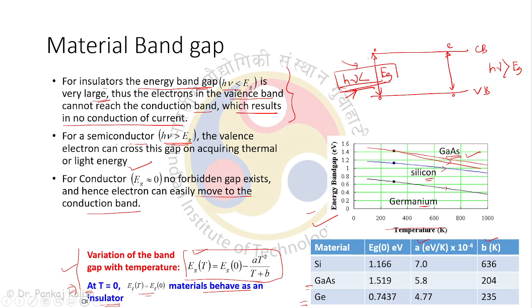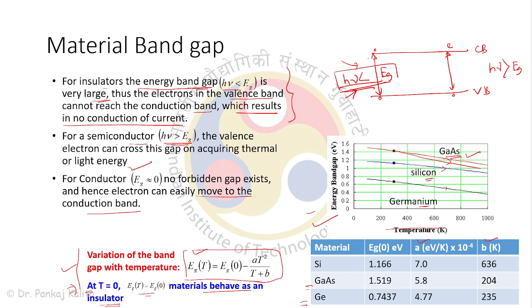For an insulator, we know that the band gap is very large, so the incoming solar radiation is not enough to generate the electron hole pair, so there is no conduction of electricity. That's why they are called insulators. In a conductor we have an excess of electrons, so it is basically a good conductor of electricity.